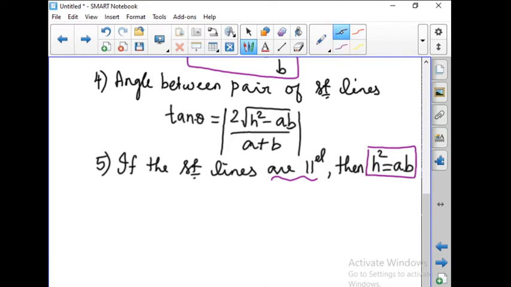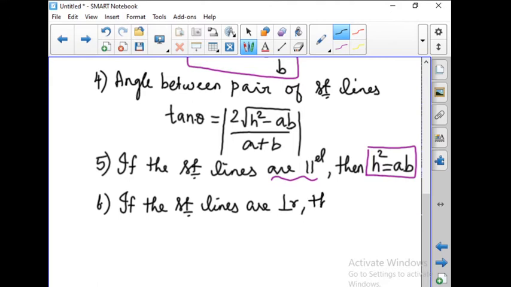If the straight lines are perpendicular, then a plus b equal to 0. What is a and what is b? a is the coefficient of x square and b is the coefficient of y square.